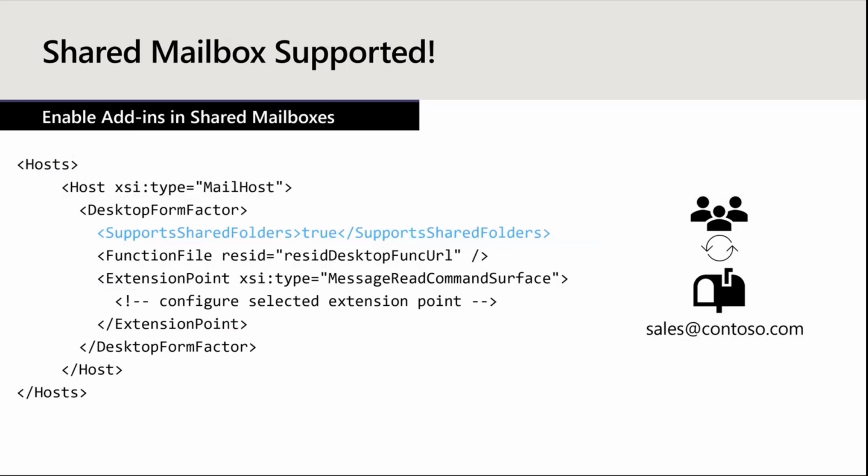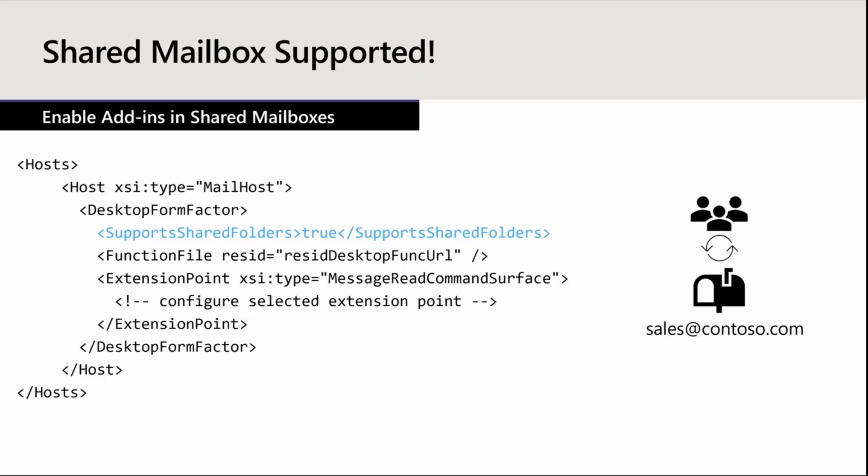Shared mailbox. Many of you have been asking about shared mailbox support. For those of you who don't know what a shared mailbox is, these are email accounts at companies like, for example, sales@contoso.com. The key about shared mailboxes is that multiple users have access to that mailbox, and they can send or reply to messages with that account.